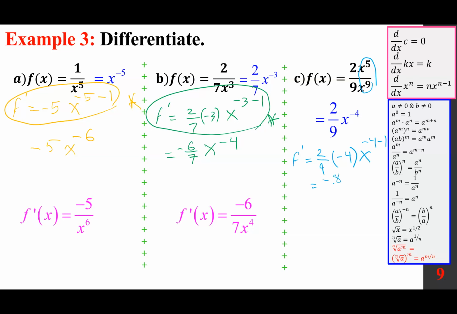That gives me -8. And again, this is the only calculus. -8/9 x to the power of -5. I take it down, and it becomes -8/9 x to the power of +5. Notice the process we take in order to be able to use the power rule.